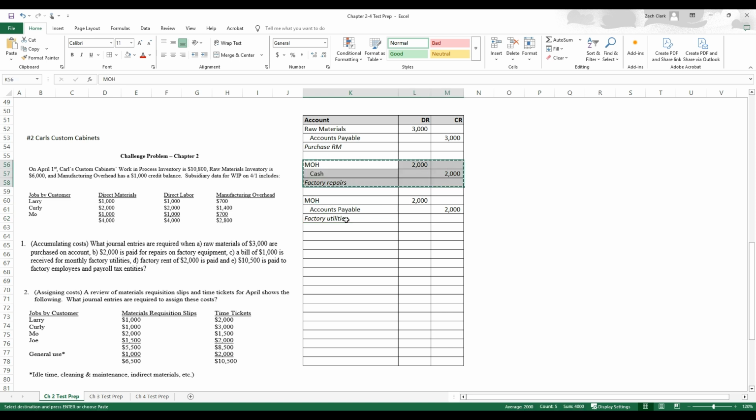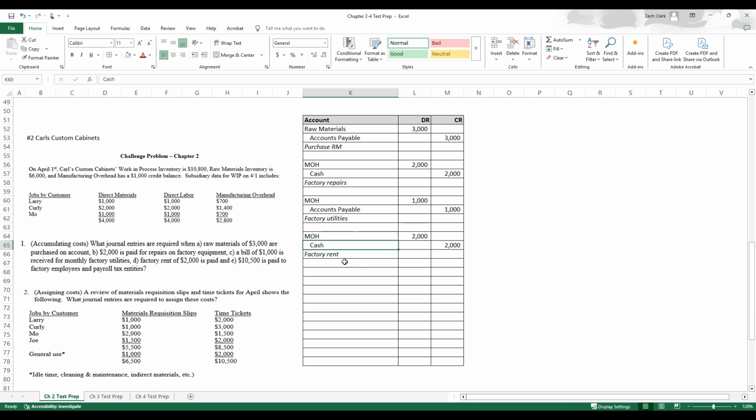So I'm going to take this journal entry. That was 2,000 there. Oh, this should be 1,000, sorry. 2,000 for repairs, 1,000 for utilities, and rent of 2,000. Okay, so we've got that. It says it's paid, so cash there.